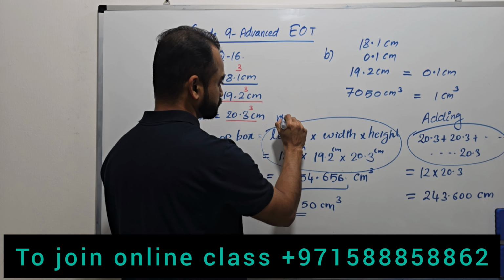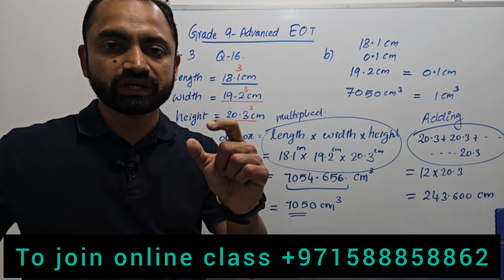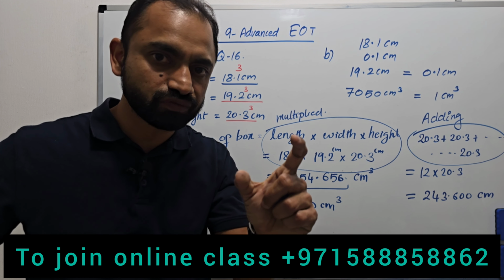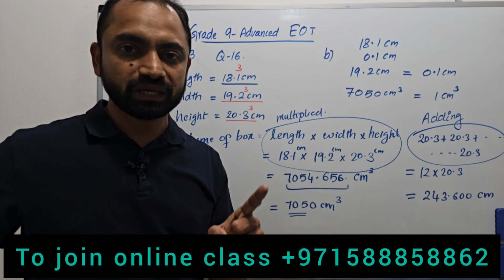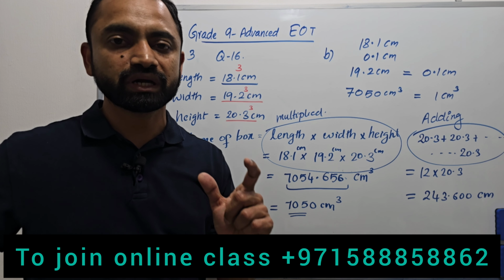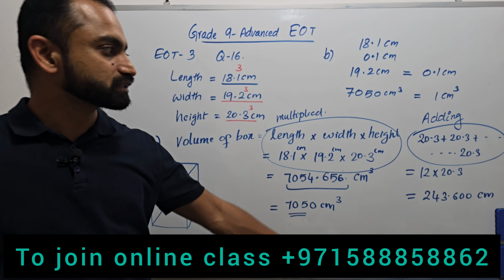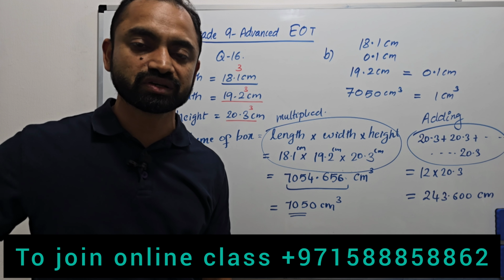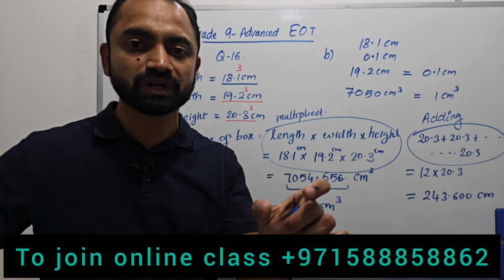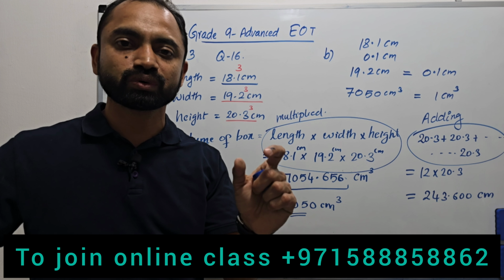So when we are multiplying or dividing, we need to write the answer in the correct number of significant figures. But when we are adding or subtracting, we need to write the answer in the correct number of decimal places.